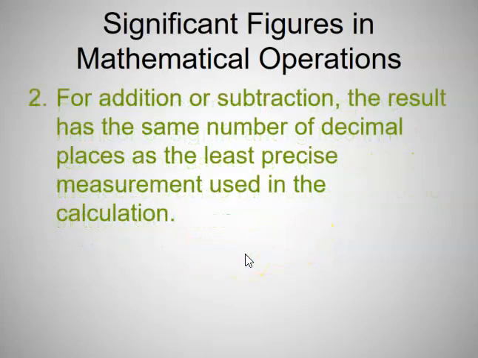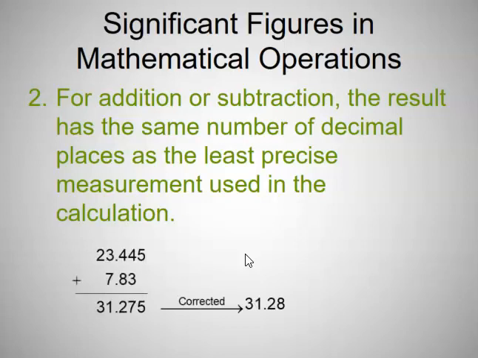What else we got? Adding or subtracting. This is a little bit different. When you're adding or subtracting, your answer can be no more precise than your least precise number, and your least precise number is the number that goes out to the least number of decimal places. So if I were to add up 23.445 plus 7.83, just plop that in a calculator. It's going to say 31.275.